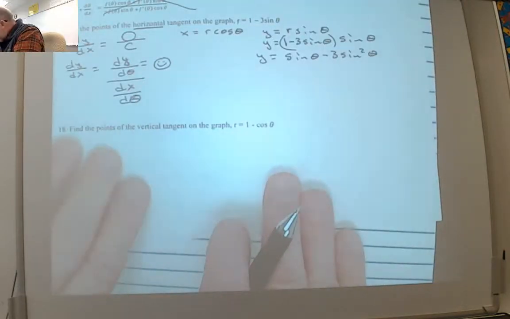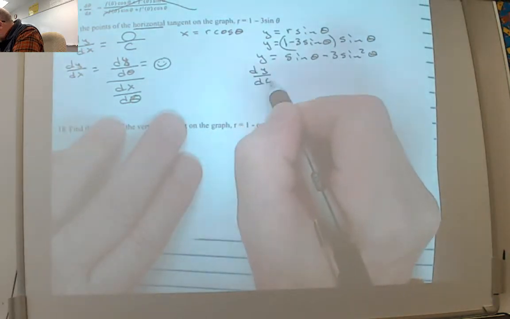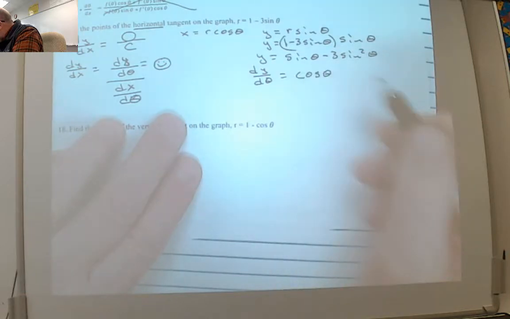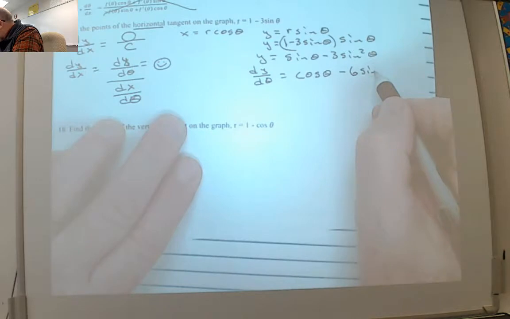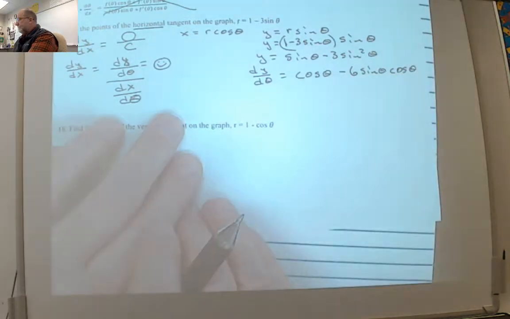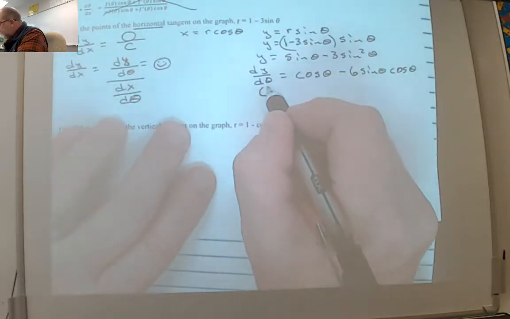So now I'm going to take the derivative. And I'm going to get the cosine of theta minus 6 sine of theta cosine theta. And is that too big of a jump? No. I want a horizontal tangent line, so I'm going to make it equal to 0.